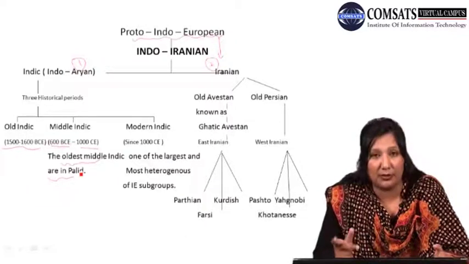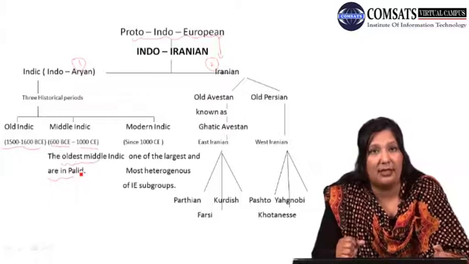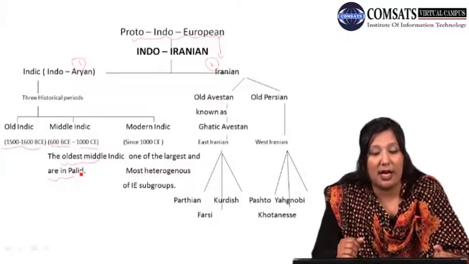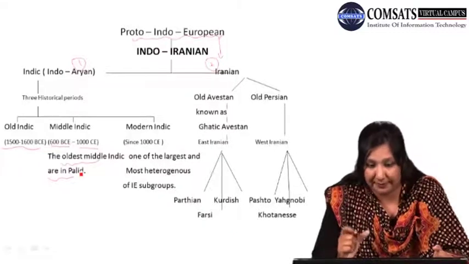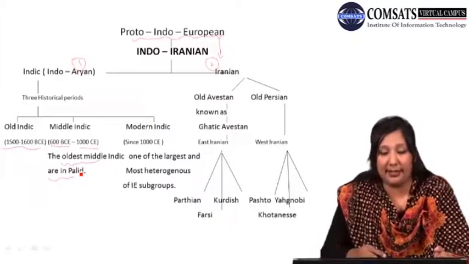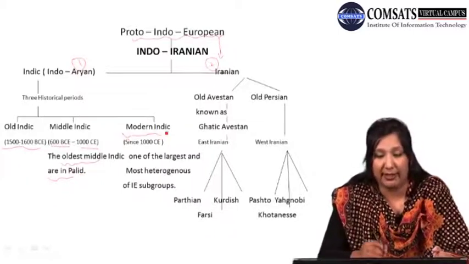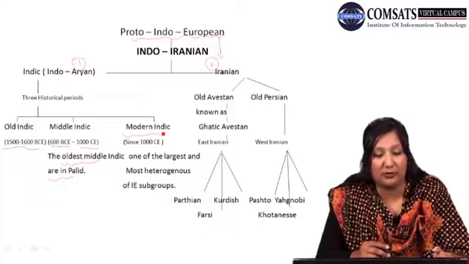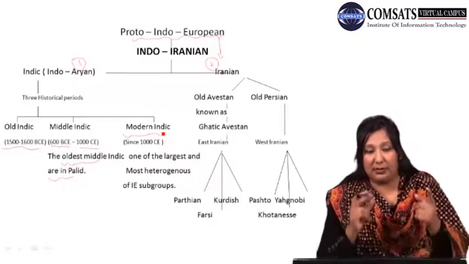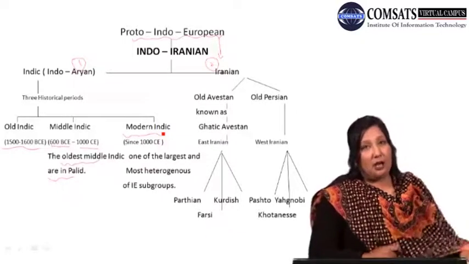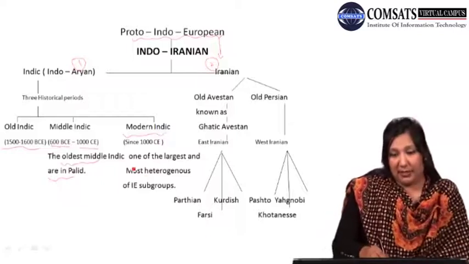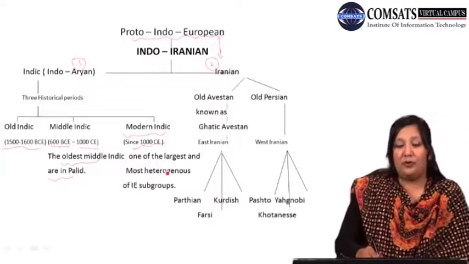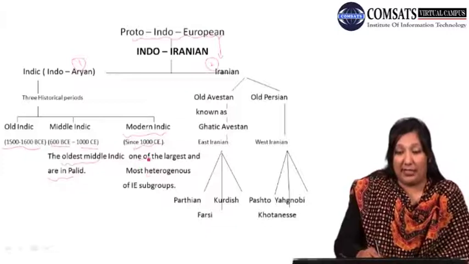Modern Indic, you can see, started since 1000 CE, and is one of the largest and most heterogeneous of the Indo-European subgroups. Yes, it is said that this Modern Indic was the third branch of this Indic period. Since 1000 CE, it was regarded as one of the largest.